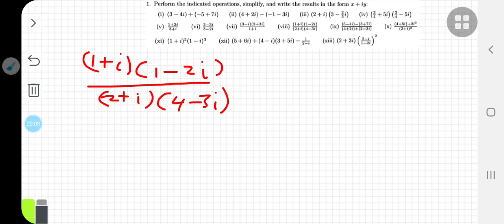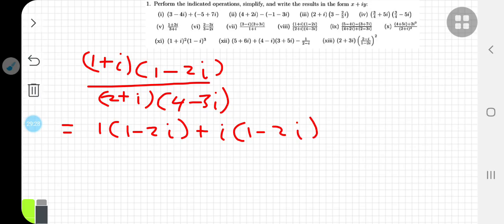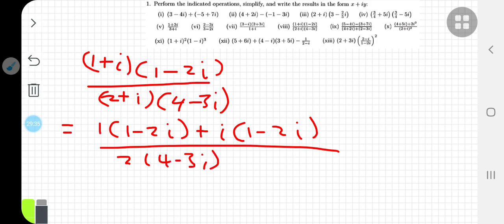So for this one, we'll do the multiplication on top, the multiplication down there. Then we do the division. So I'm going to have 1 multiplying with 1 minus 2i, and plus i also multiplying with 1 minus 2i there, over 2 multiply with 4 minus 3i, and plus i also multiply with 4 minus 3i there, like that.